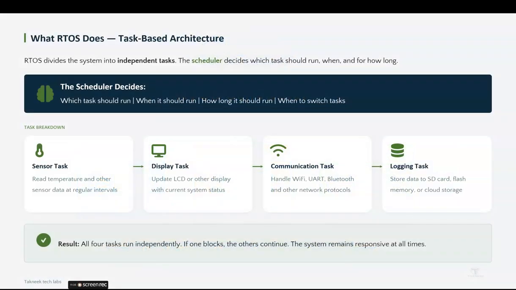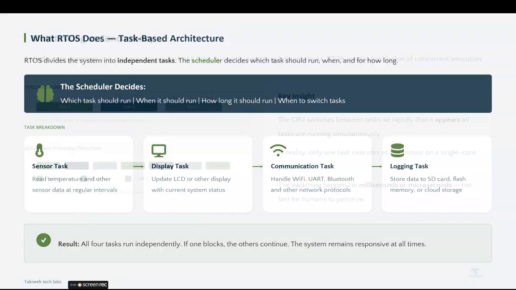So what RTOS does is a task-based architecture: RTOS divides the system into independent tasks, and the scheduler decides which task should run, when, and how long. As we've seen, sensor task, display task, communication task, logging task. The scheduler will decide which one will run first.